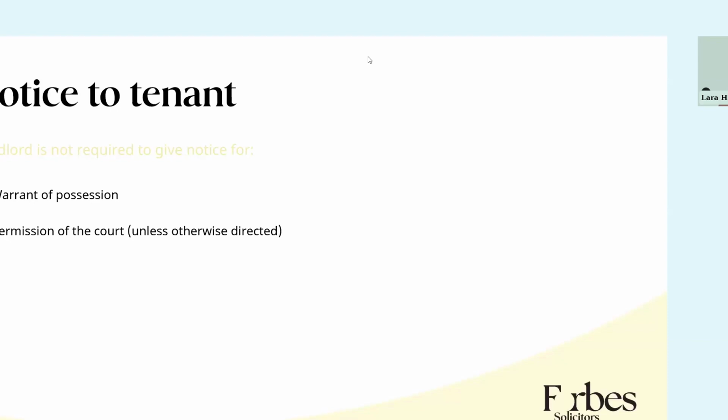Just got a question. Let me just have a quick look. So the question says, can you require permission to enforce a warrant suspension order, or do you always need to enforce the original SPO? I think what you're asking is, do you always need to enforce the original SPO?